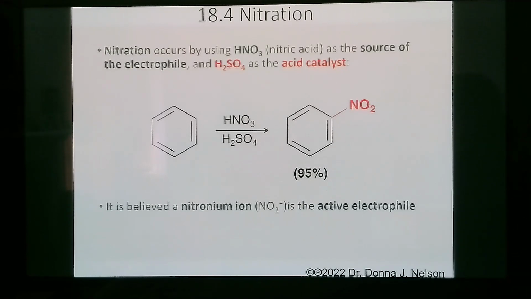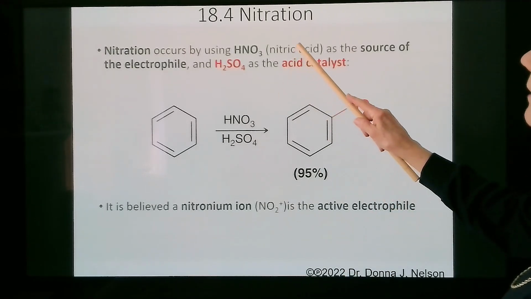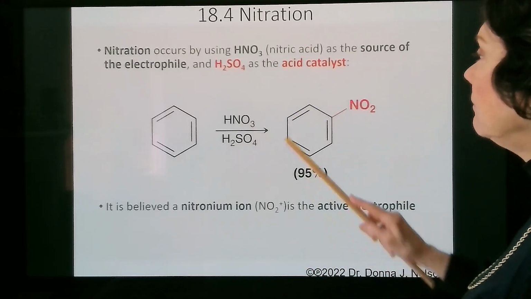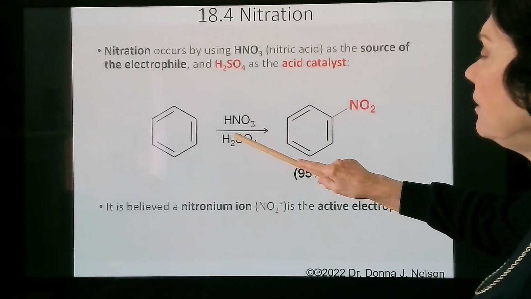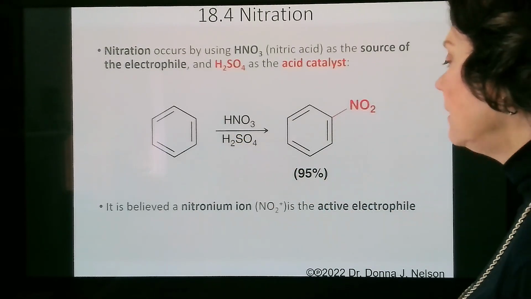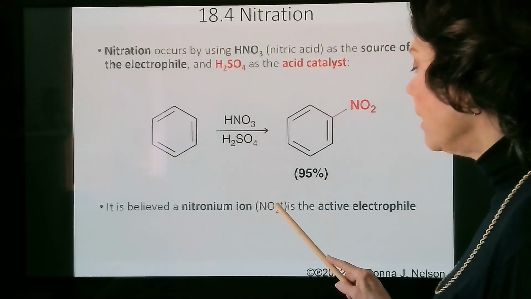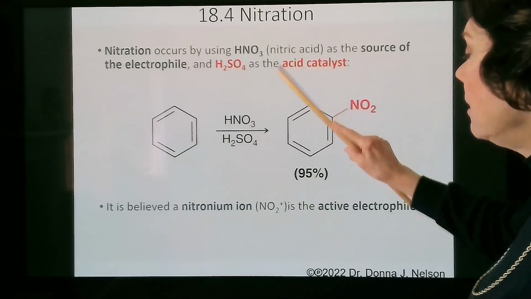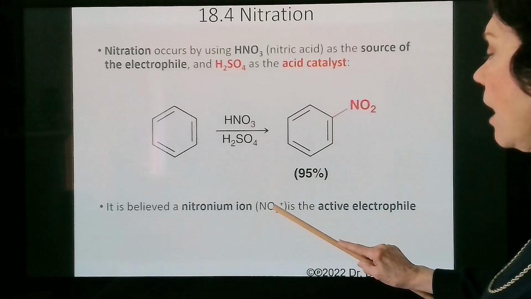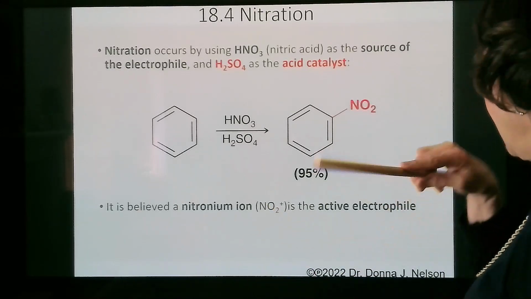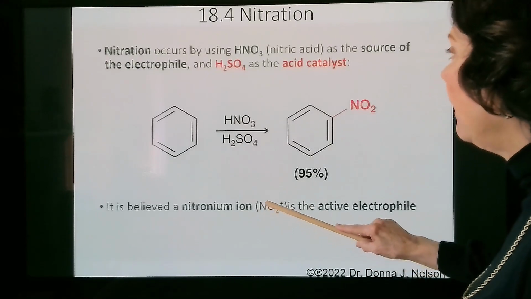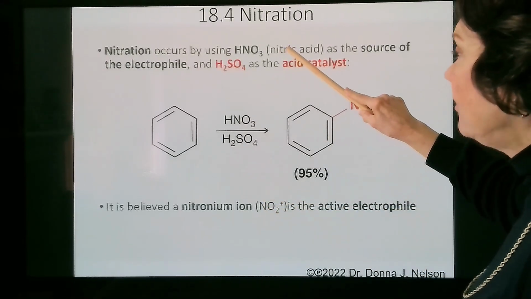Now, nitration occurs by using nitric acid, and it's the source of the electrophile. Sulfuric acid is provided as the acid catalyst. The nitronium ion is the electrophile. So nitric acid is providing the nitronium ion. So you have to be able to get the nitronium ion out of the nitric acid.